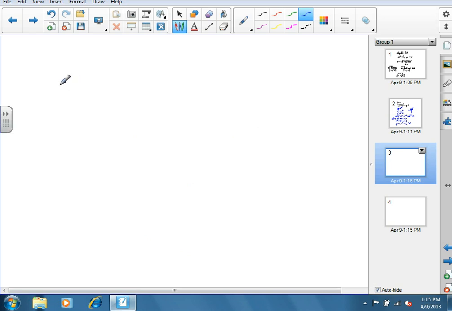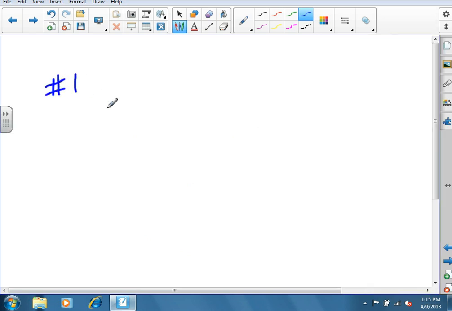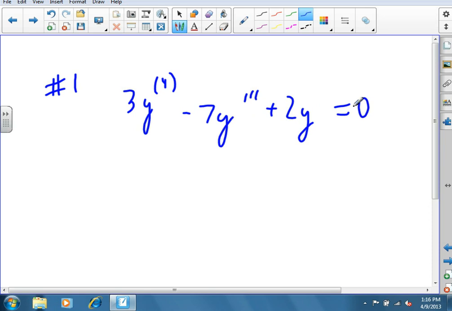We'll look at problem number 1. Problem number 1 says 3y fourth derivative minus 7y third derivative plus 2y is equal to 0, and state whether each differential equation is homogeneous or non-homogeneous.